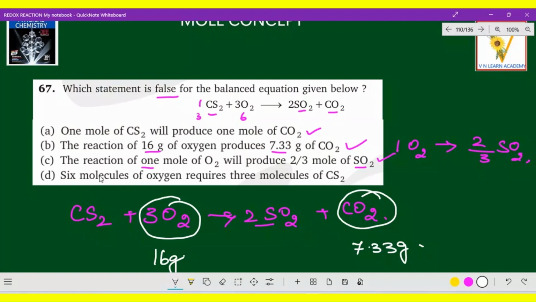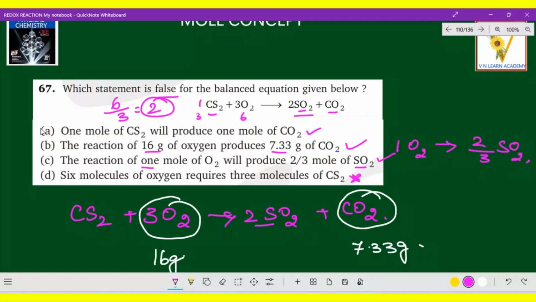Actually 6/3 means only 2 moles are required. So 2 moles of carbon disulfide combined with 6 moles of oxygen gives the product. So the last option is wrong.